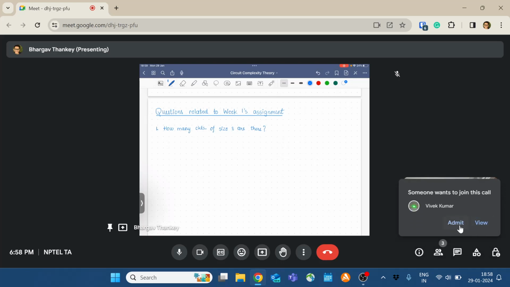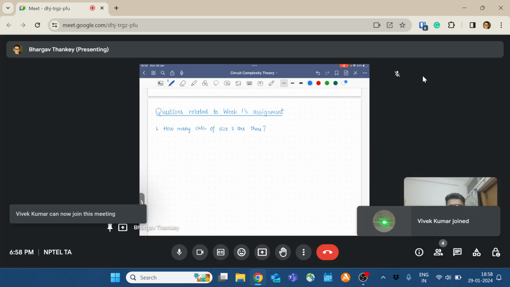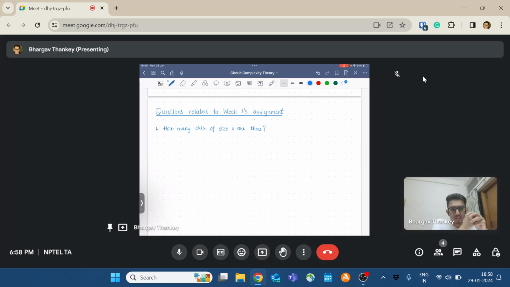Yes. So for each gate, we have exactly two inputs because we are using the circuit basis B2. Since the size of the circuit was given as S and the number of inputs was N, there were N plus S minus 1 choices for each of the inputs.